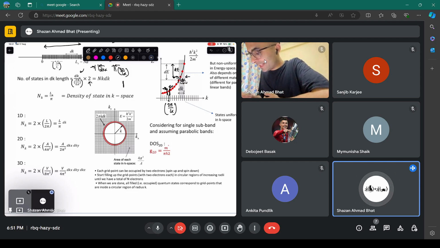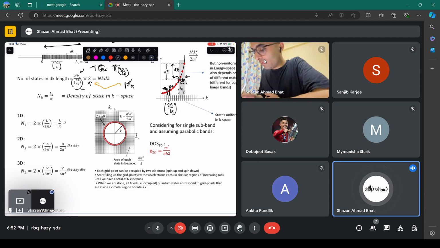If there is a single state, then 2 electrons can stay in it at max, and that's why this factor of 2 comes. You're just counting how many states can sit in here. The state can have 2 electrons, let's say one for spin up and one for spin down.